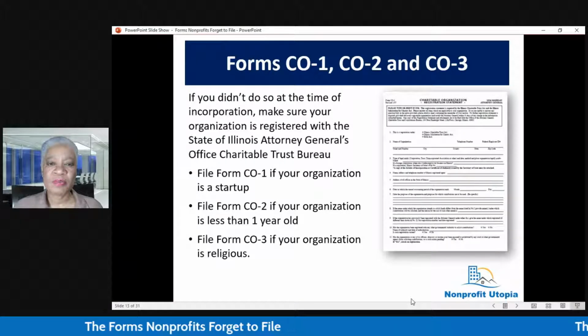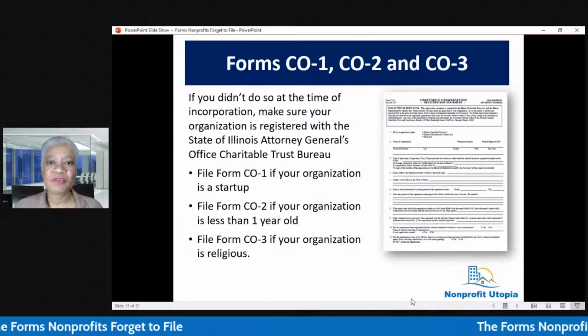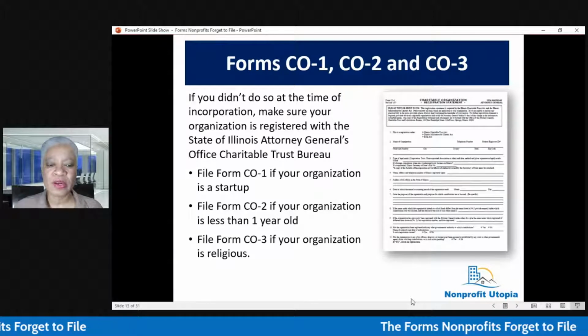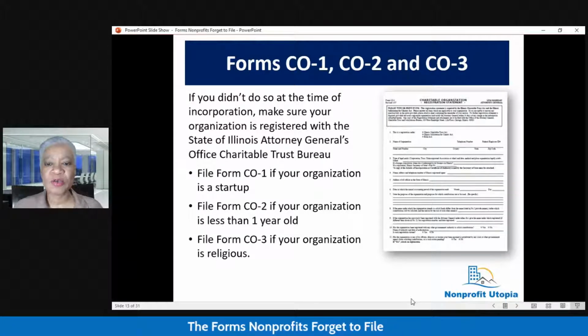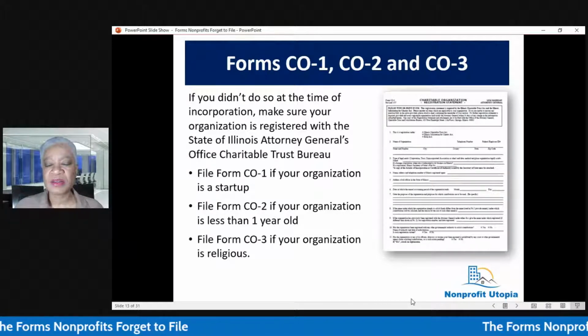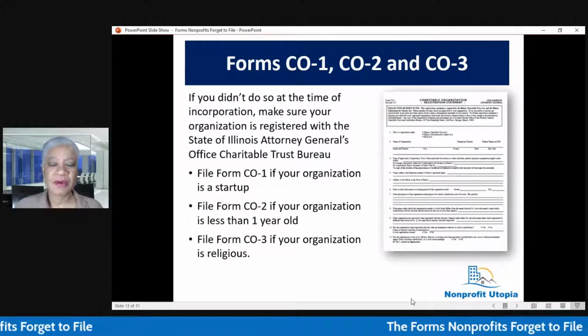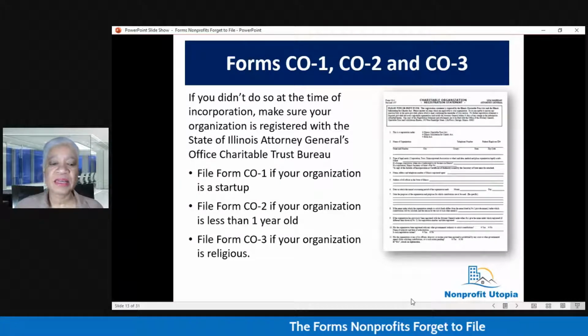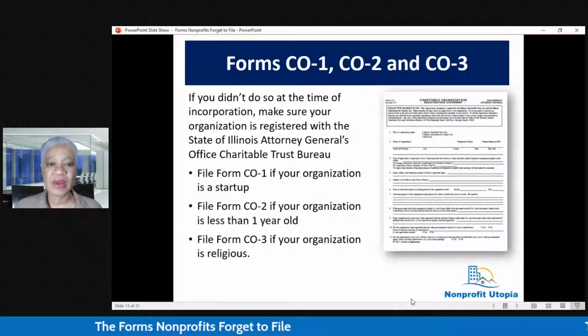And then Form CO2, if your organization is less than 1 year old, you're going to file that to indicate your financial performance. So you'll talk about how much money has come in, how much money has gone out, and you'll also indicate your assets.